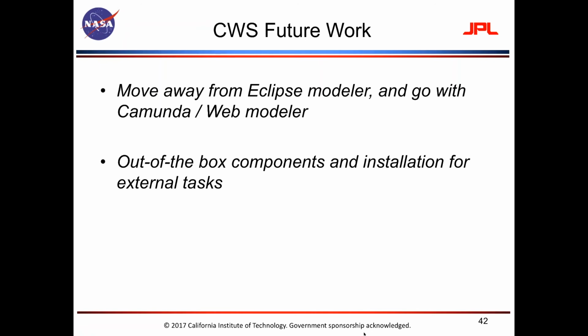But we're going to take this to the next level, and we're going to make this a configuration-based external task system, where basically you just provide a JSON configuration document, but you don't have to provide the task handler code itself. You just provide the configuration and say, I want this machine to run this program with these parameters and so forth. So that's pretty exciting for us. That's going to be upcoming.